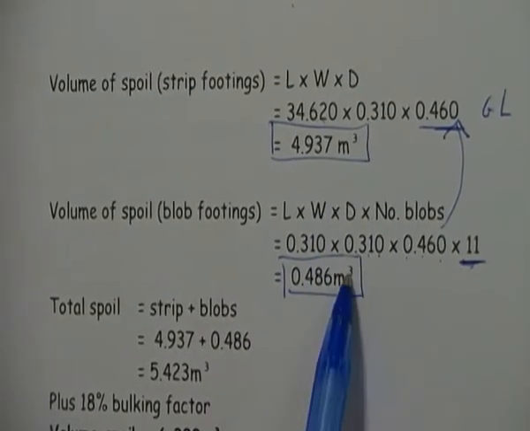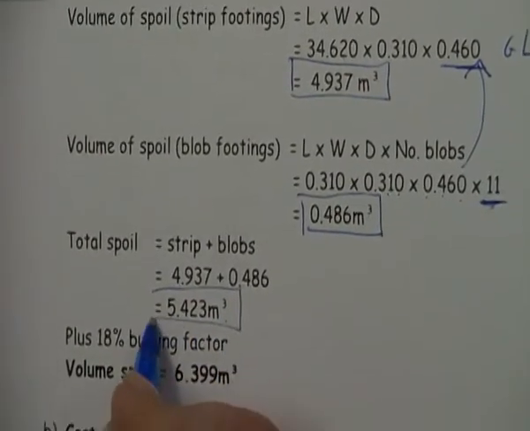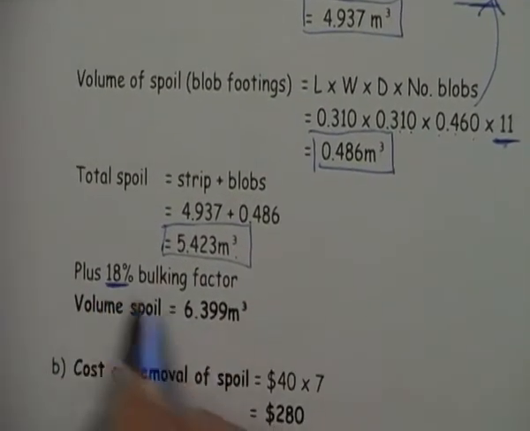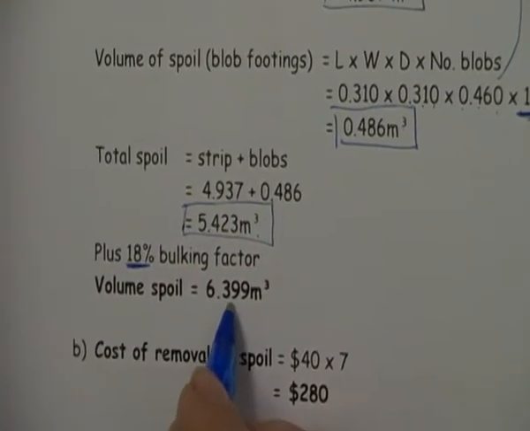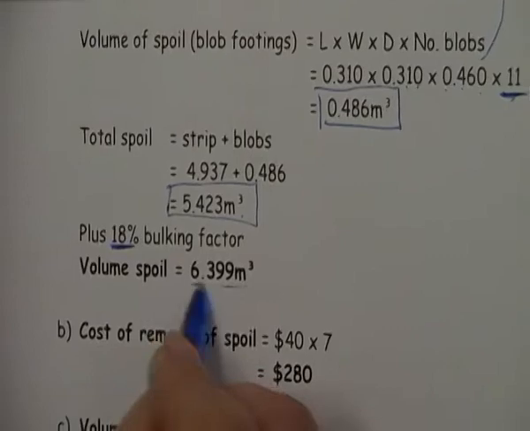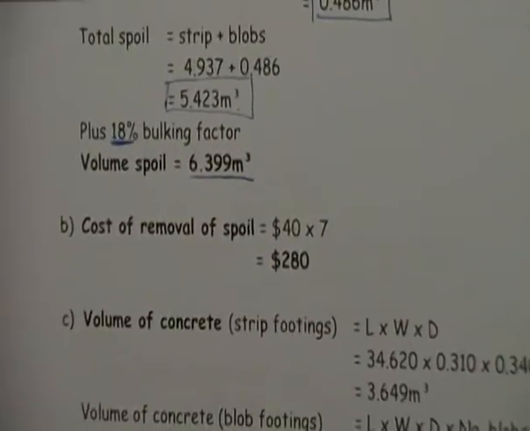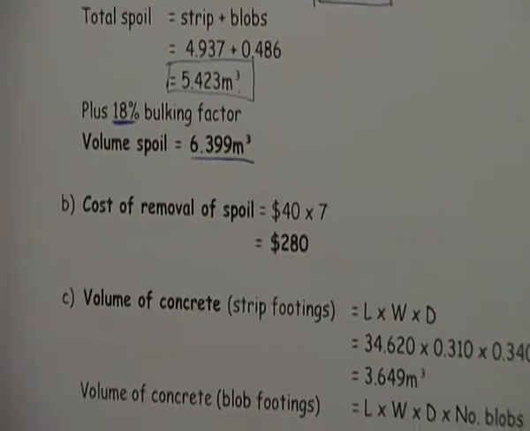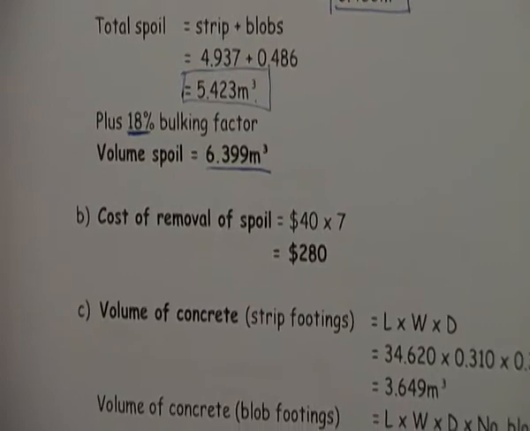Now we're going to add these two figures here together, but we haven't finished. We have to add our bulking factor, and we're going to get a bulking factor of 6.399. Now, question B in the question, it says cost of removing the spoil at $40 a metre cubed or part thereof.